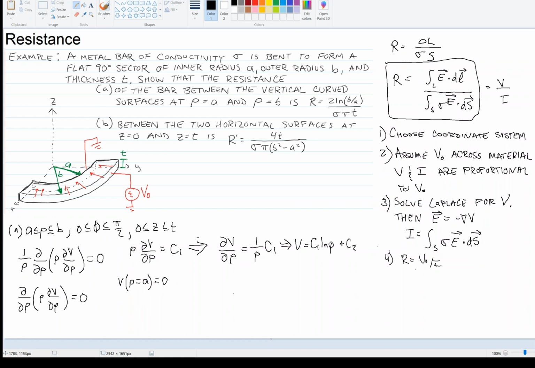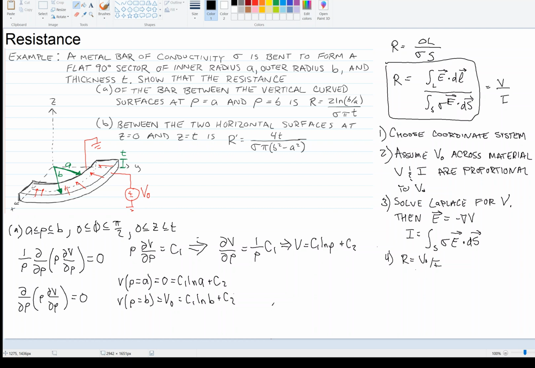And so if I plug in A into my voltage, that gives me C1 natural log of A plus C2. And then if I plug in the other boundary condition, rho at B, that should be V0 volts, and so that is C1 natural log of B plus C2.